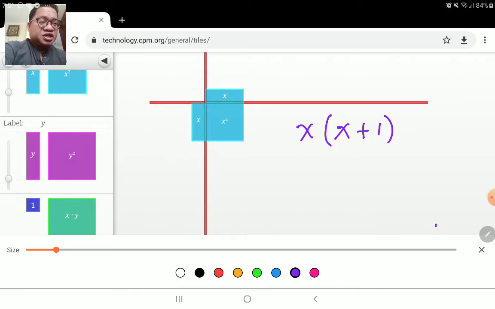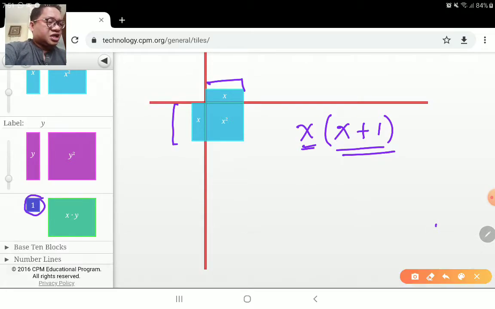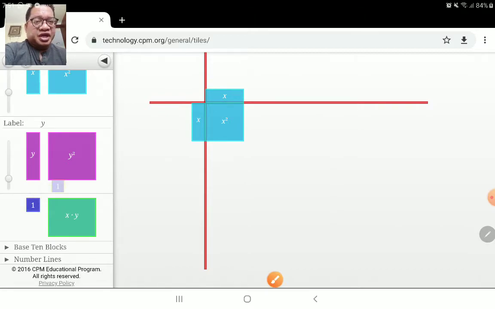Meaning here the width is x, and x plus 1 is the length. So how will you represent x plus 1? Now you have here the x. How will you represent the x plus 1? You need this one, that one there. So let's take it. So that is now x plus 1.